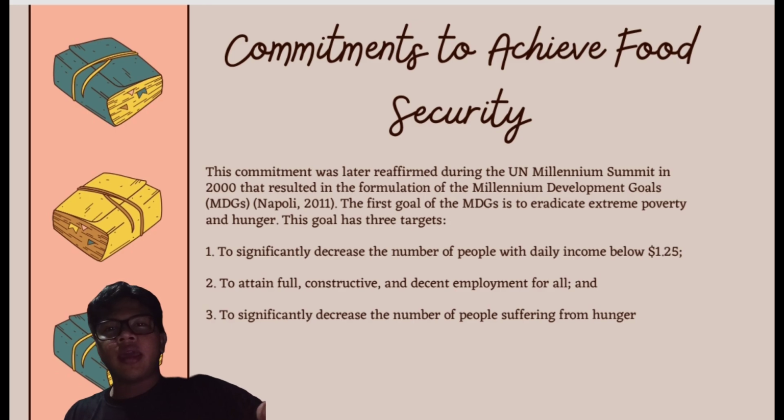Especially when our world is battling against climate change. Climate change is a very great factor for food production, agriculture, our environment, and how our society changes.